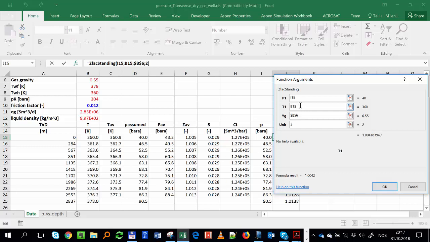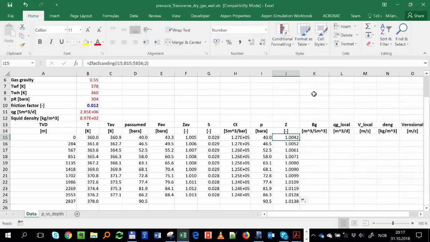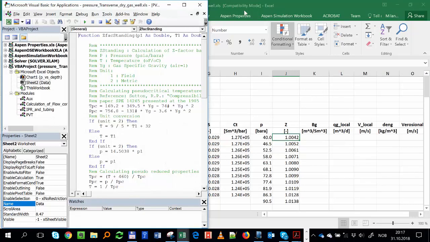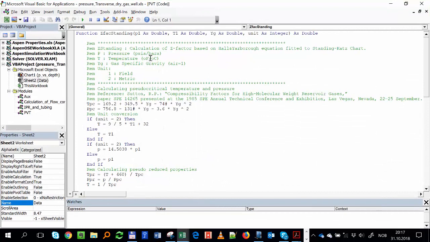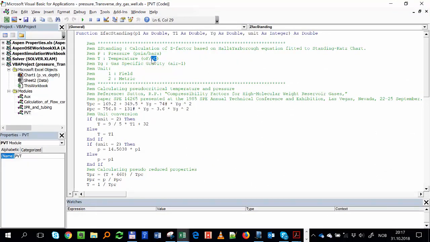Here there is something that is a bit wrong. We made a mistake. If you go back to Alt F11, you will see that the unit of temperature should be Celsius, and we are using Kelvin. So we have a small mistake there.